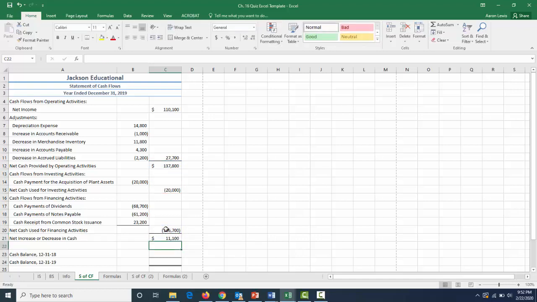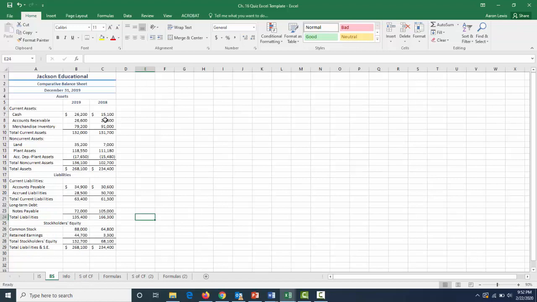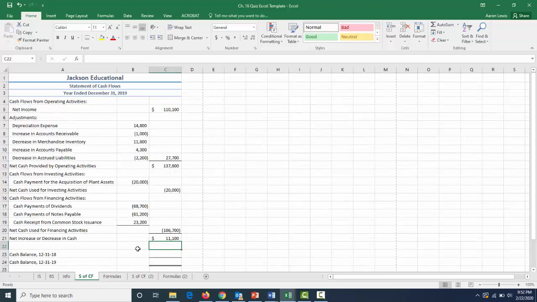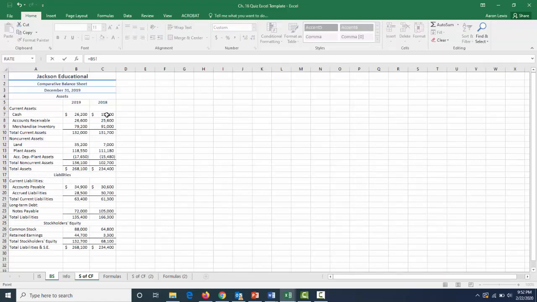Well, is this right? It's simple enough to check. If we go to our balance sheet, we have cash listed. Did our cash increase by that amount? It absolutely did. That is an $11,100 increase. Well, let's disclose that on our statement of cash flows. So on 12/31/18, the end of last year, we had $15,100 for the cash.